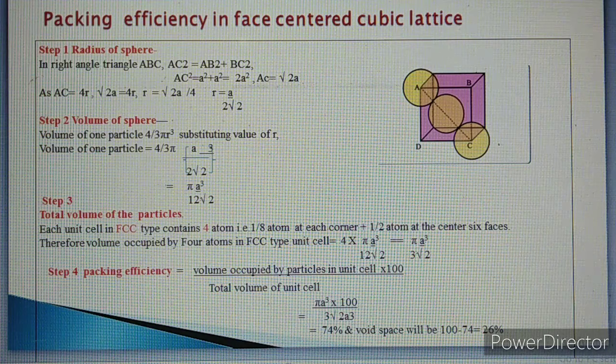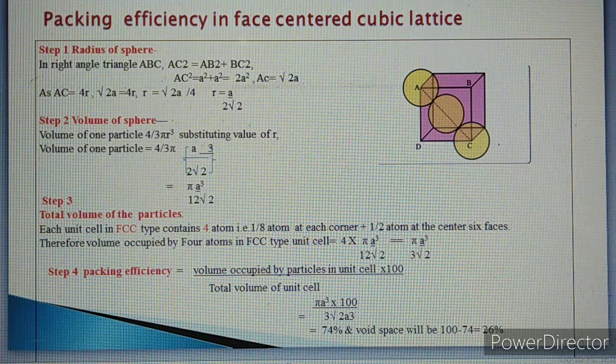So, step 4 will be packing efficiency. So, packing efficiency is equal to volume occupied by particles in unit cell upon total volume of unit cell, multiplied by 100. So, what is the total volume occupied by particles in unit cell? Step number 3. So, what is that value?